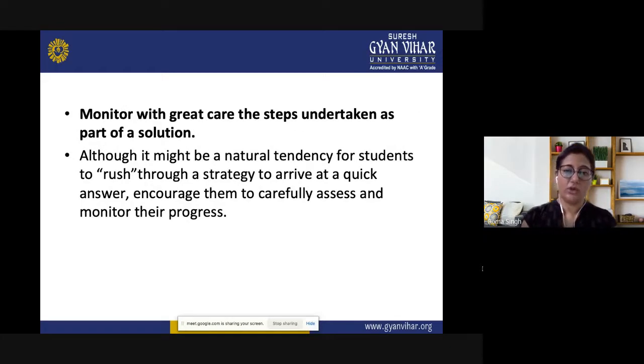They will be able to monitor with great care the steps undertaken as part of a solution. Although it might be a natural tendency for students to rush through a strategy so that they arrive at a quick answer, and finish the project which has been given to them, the teacher comes in here, and needs to encourage the students to carefully assess and monitor their progress, so that they do not rush, and take their time, whatever time period has been given.